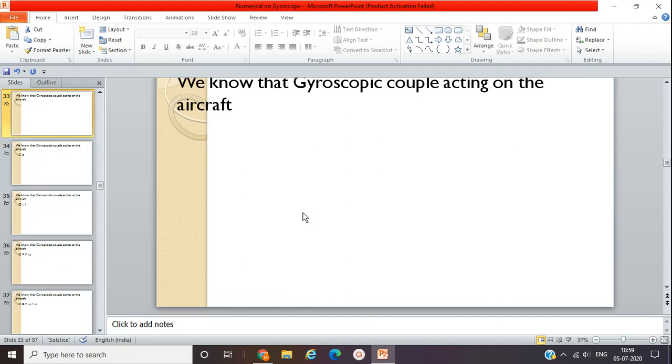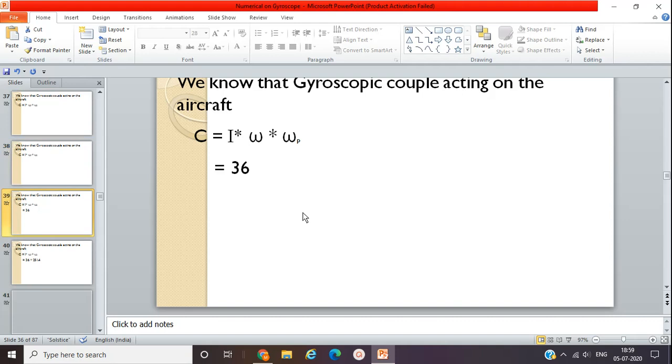Now we know that the gyroscopic couple acting on the aircraft, that is C, is equal to I into omega into omega p, where I is the moment of inertia that has been calculated previously, omega is nothing but the angular velocity about the axis of spin, and omega p is the angular velocity of precession.